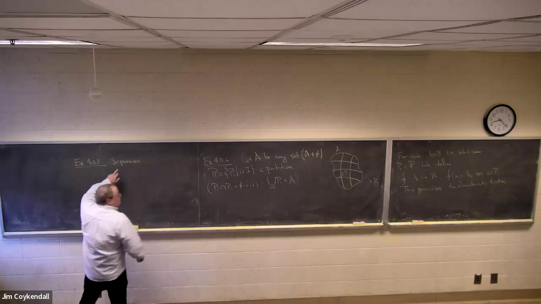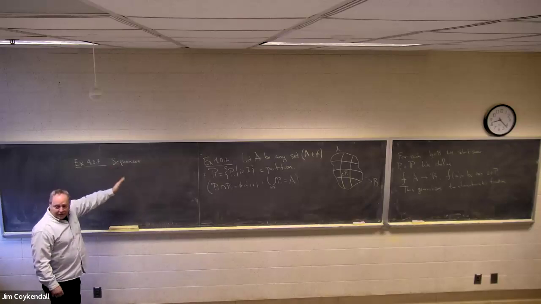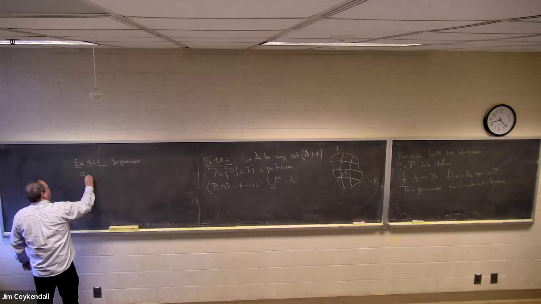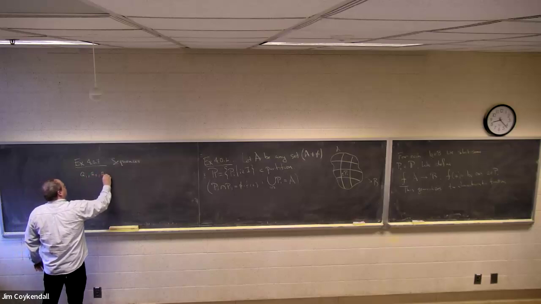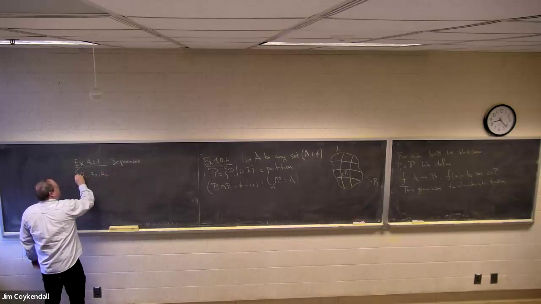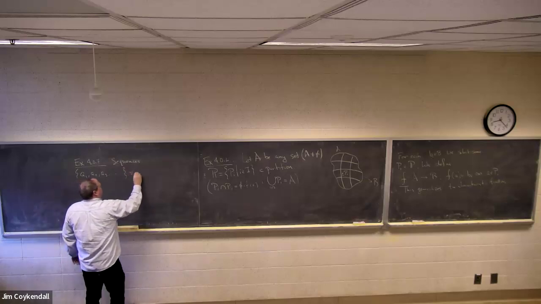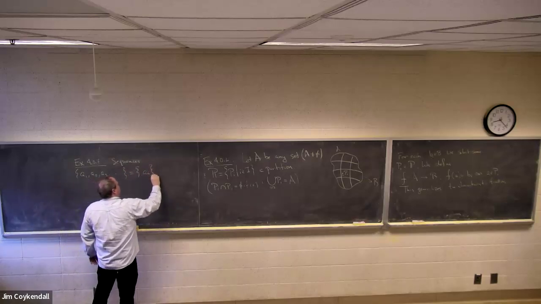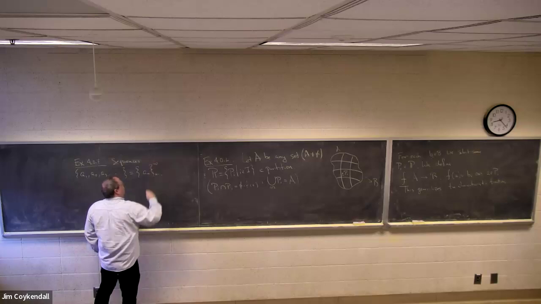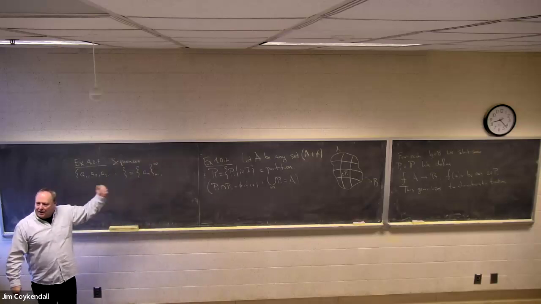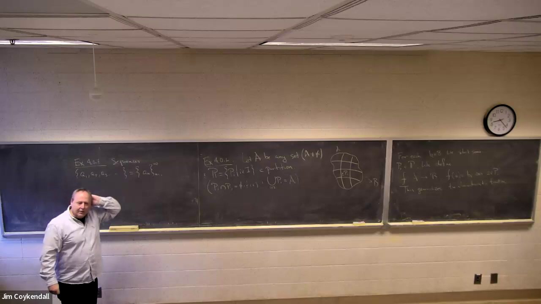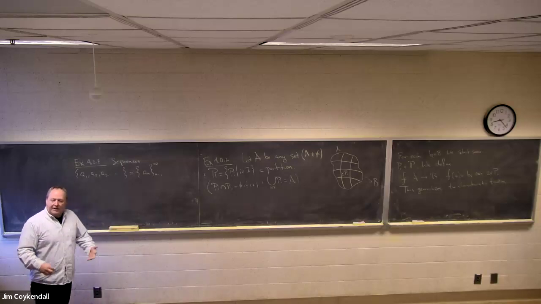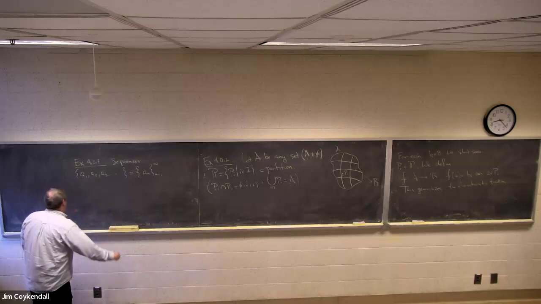So sequences are just a collection of numbers in a row. And you would often write it this way. And you played with these in Calc 2, right? Here is a definition that you would see in a more mature book.